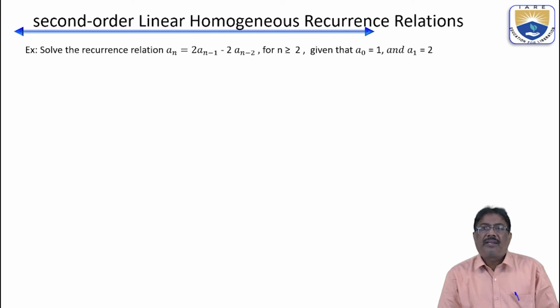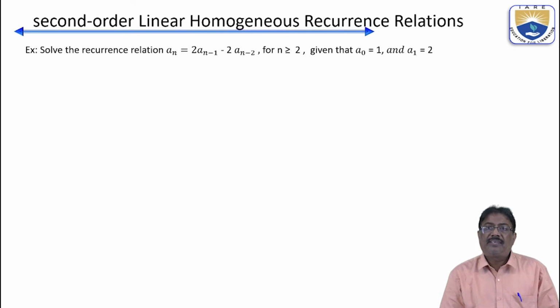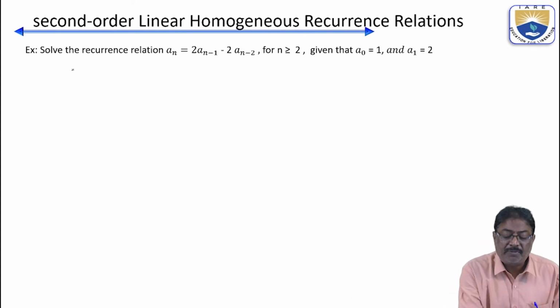Then solve the recurrence relation. So this is the problem. Now here we are going to find out what is the equation can be written as an minus 2an minus 1 plus 2an minus 2 is equals to 0.